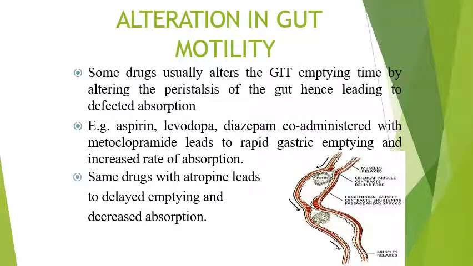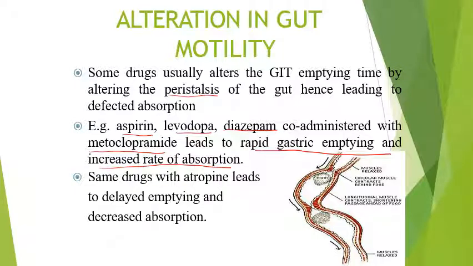Moving on to alteration in gut motility. Some drugs alter the GIT emptying time by altering the peristalsis of the gut, hence leading to defective absorption. For example, aspirin, levodopa, diazepam, when co-administered with metoclopramide, lead to rapid gastric emptying and increased rate of absorption.